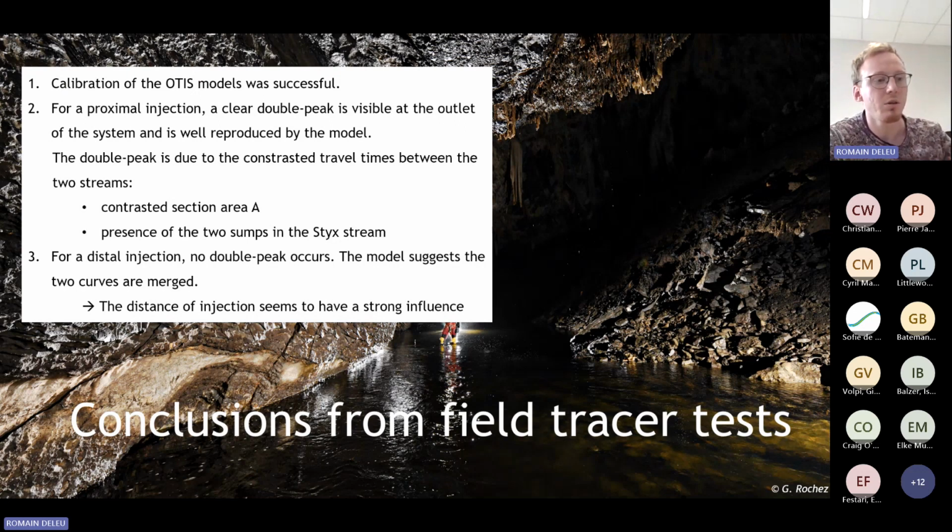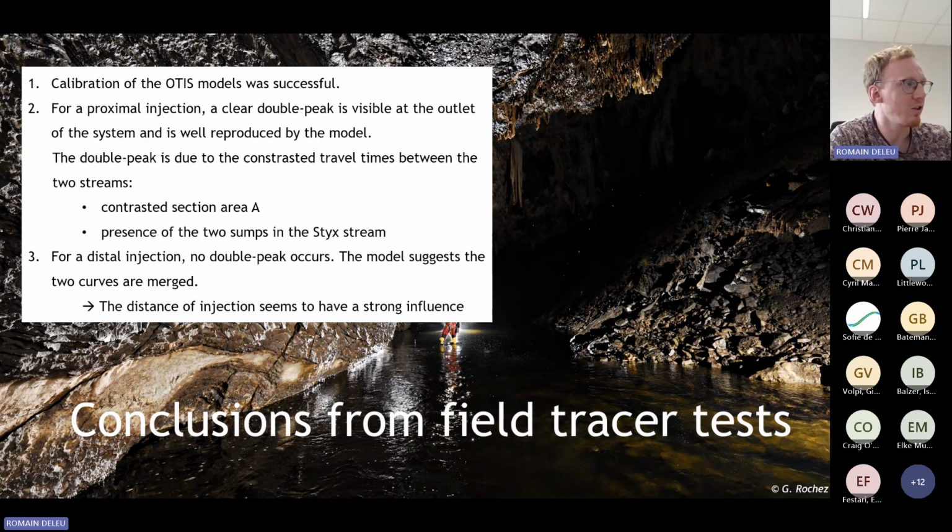As you saw, the derivation stream has a much faster flow because of the smaller cross-section area. And we also have the presence of the two sumps in the stick stream. I didn't tell you, but on the figure earlier, there were two sumps shown on this stream, which can induce slower flow.